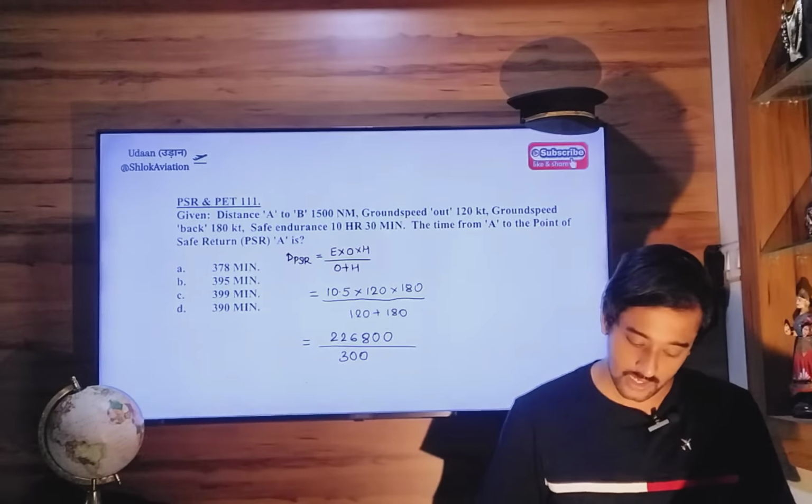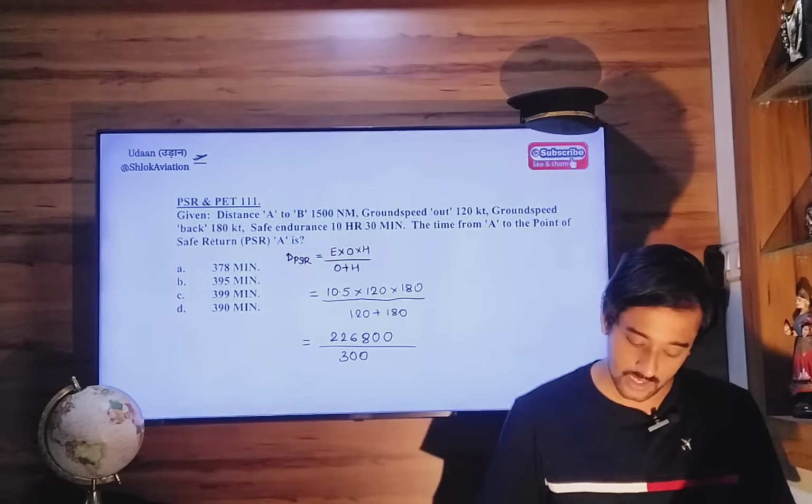Time to PSR will be distance to PSR divided by outbound speed. So 756 divided by 120, 6 hours 18 minutes into 60, 378 minutes. Okay, so option A is the right one.